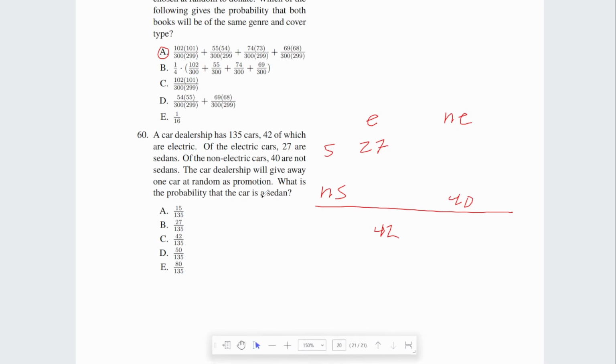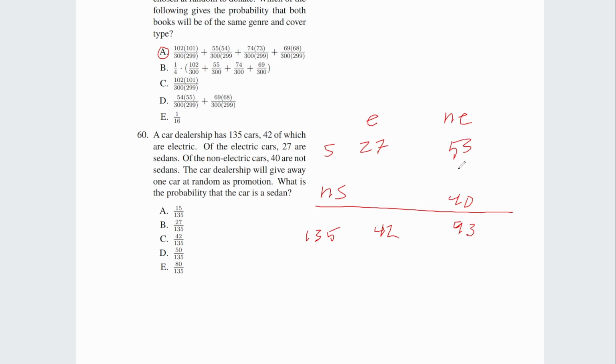So let's keep in mind that we're also trying to figure out the total number of sedans. So we have 135 total cars, which means 135 minus 42 is 93, I believe. 93 non-electric cars, which means 93 minus 40, 53 non-electric sedans.